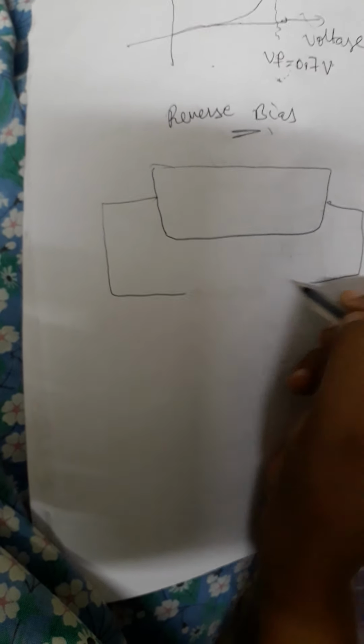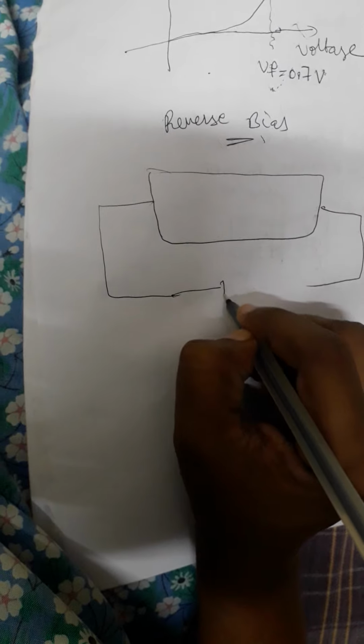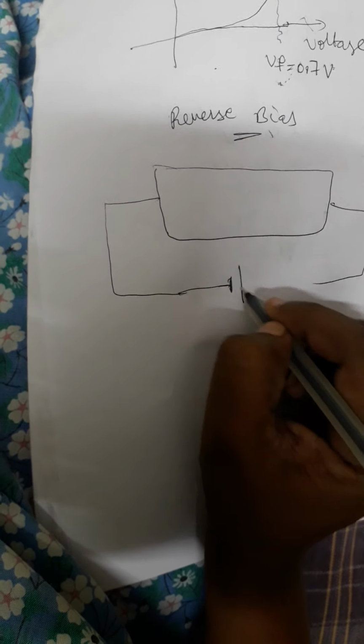Okay, next coming to the reverse bias condition. Coming to the reverse bias condition, the diagram is like this. The negative terminal is connected to the P type and the positive terminal is connected to the N type.